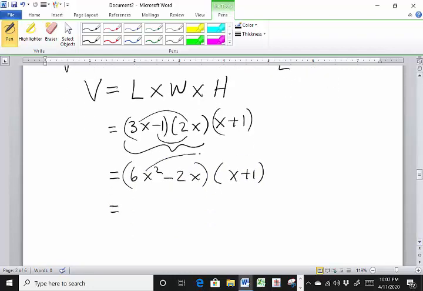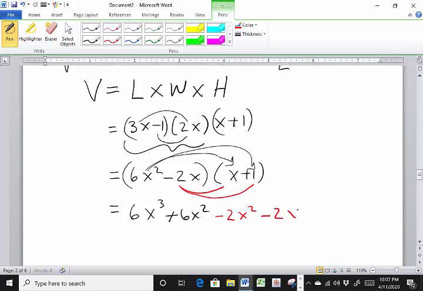So now 6x squared times x is going to be 6x cubed. And then 6x squared times 1 is going to be 6x squared. And then minus 2x times x is a minus 2x squared. And then minus 2x times 1 is a minus 2x.